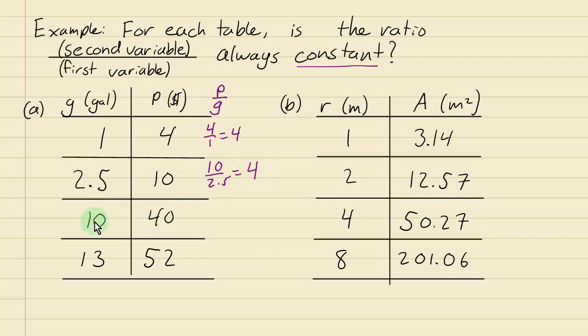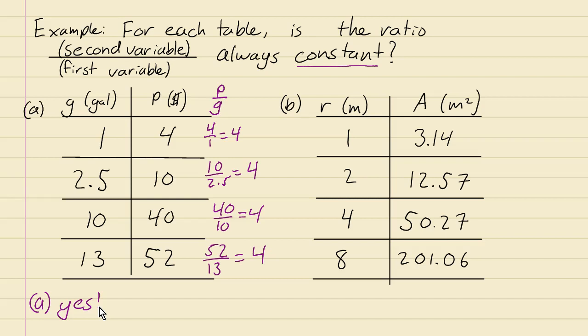Here, if you do 40 divided by 10, you get 4. 52 divided by 13 also comes out to be 4. So for this one, the answer to A is yes, this ratio always comes out to be 4.